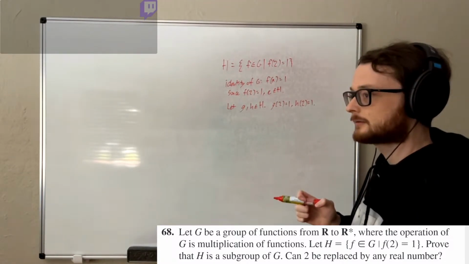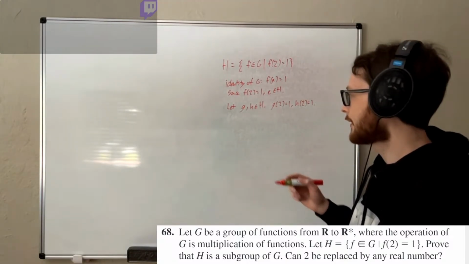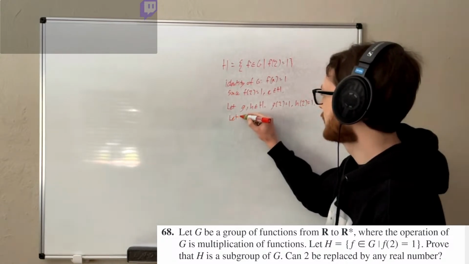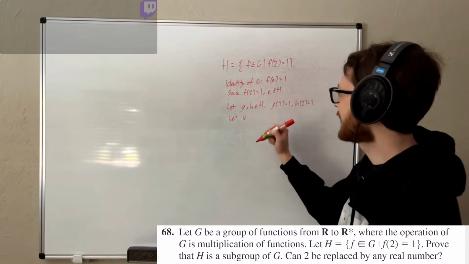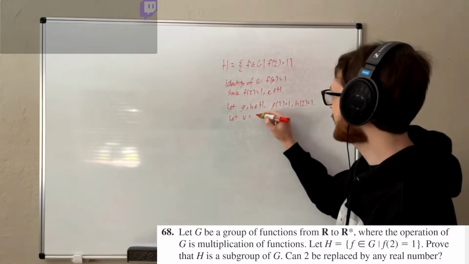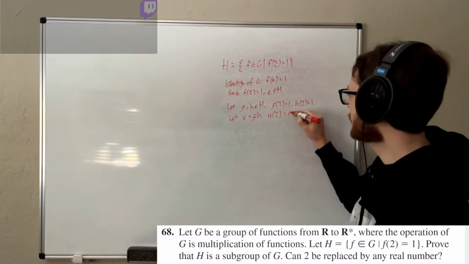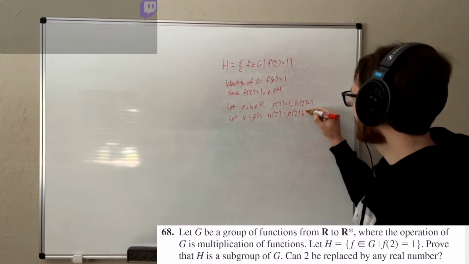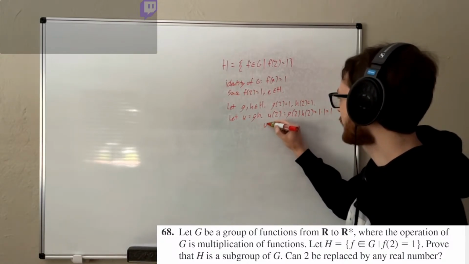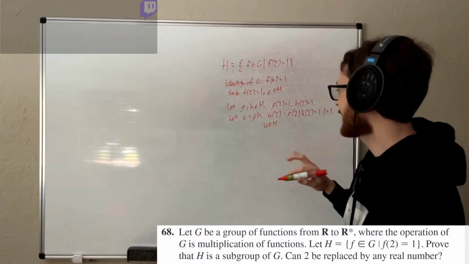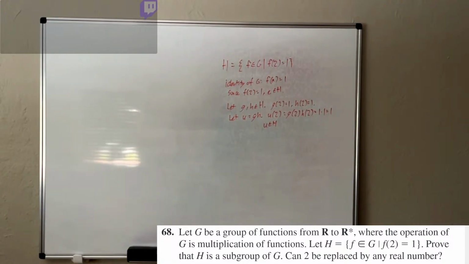You can just see that when you multiply them, you still get 1, but the way that makes sense to me to express this is, let u equal g times h. u of 2 is equal to g of 2 times h of 2, which is equal to 1 times 1, which equals 1. So u belongs to H, and H is closed. I kind of like naming a third function for this, even though it's probably naming more things than we strictly need.